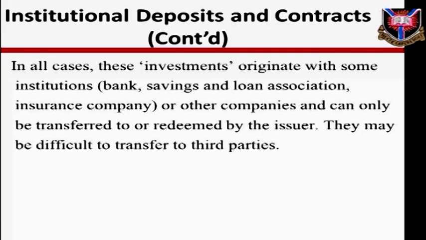A policyholder's share of the reserve is similar to a savings account. A policy can be turned in for its cash surrender value, or money may be borrowed from the insurance company against it.